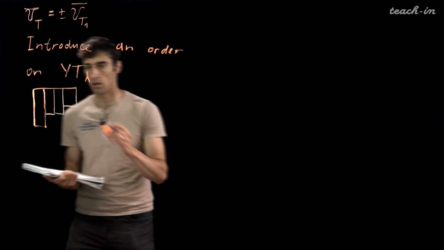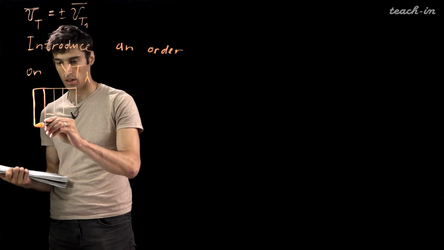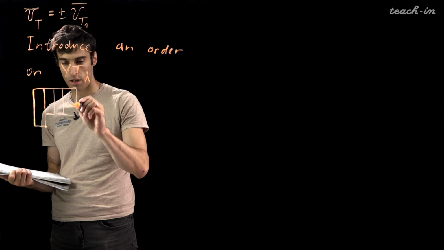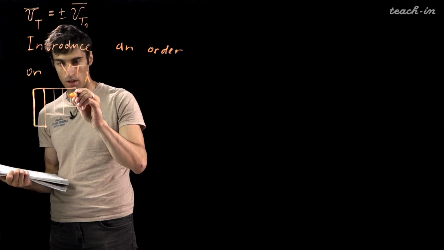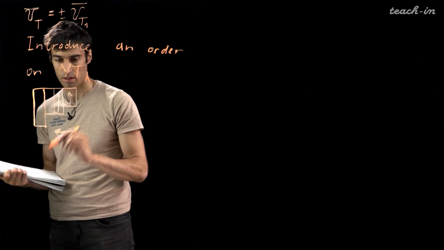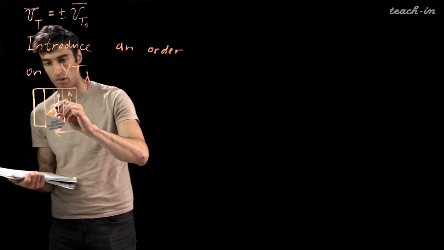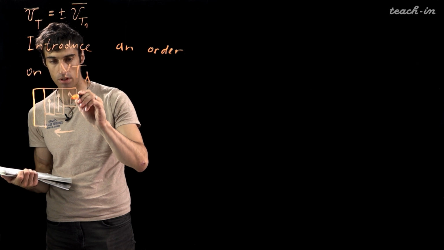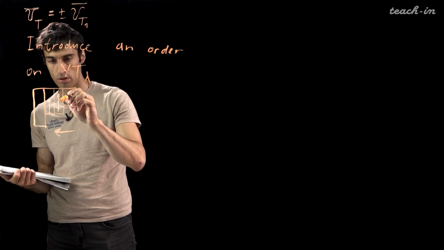Then I order boxes in a not very usual way, from bottom to top and from right to left. So this one is the first one, second, third, and fourth, and so on.